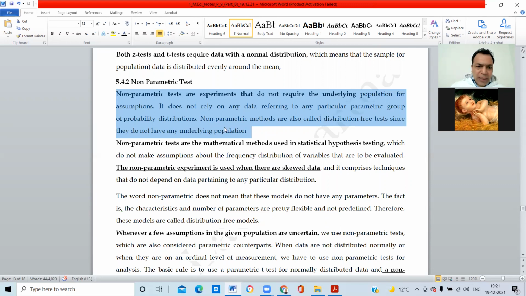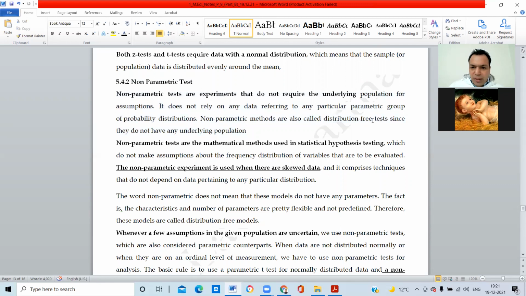Under a non-parametric test, one thing you have to remember: distribution free means your data is not normal. For example, your research topic is awareness of the rights of women in the village. Up to which age can persons go for polling the vote?